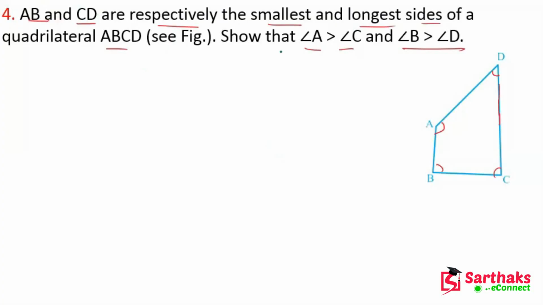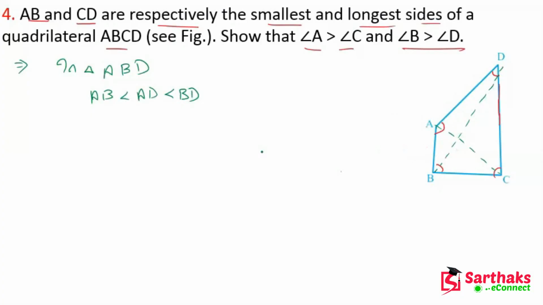For proving this, we have to do a construction: we have to join B to D and A to C. Okay, so in triangle ABD, AB is less than AD, which is less than BD.